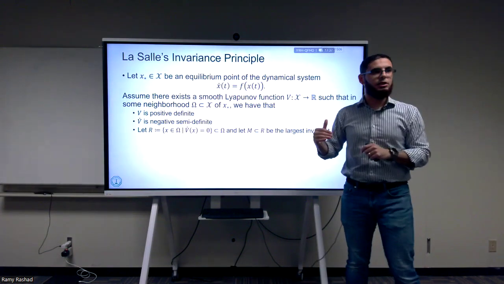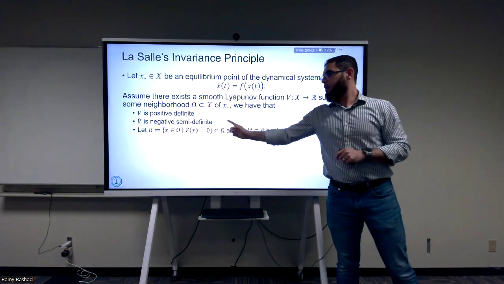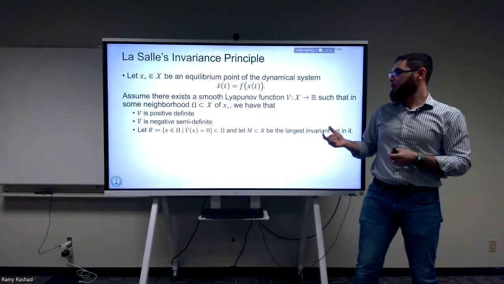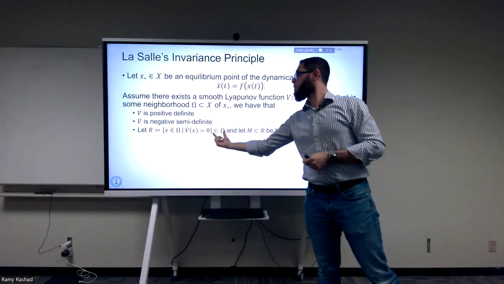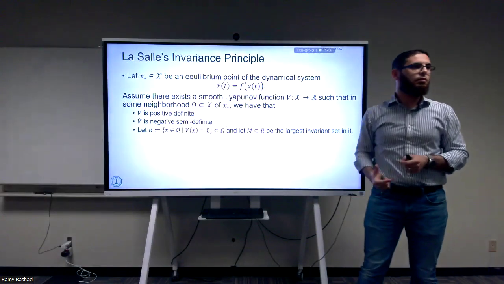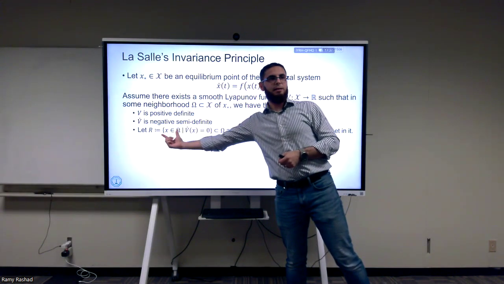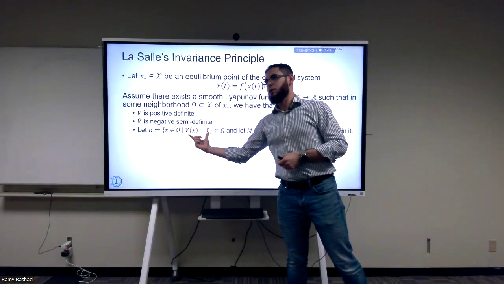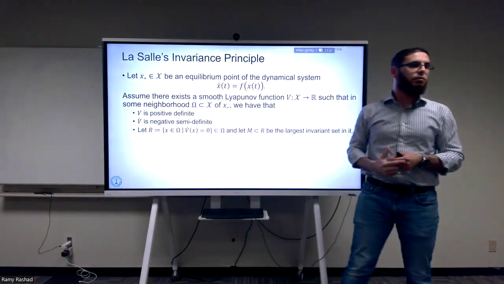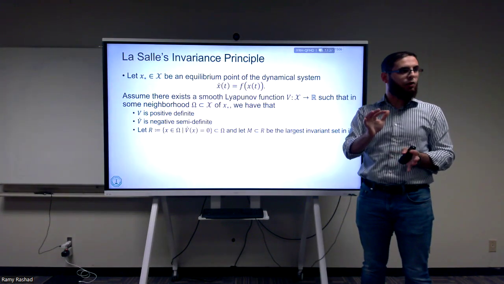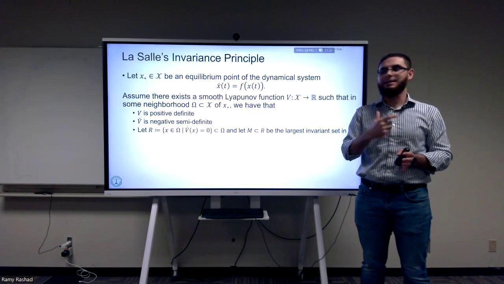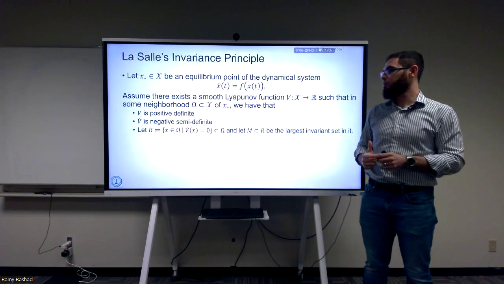The extra conditions are: let R be a subset of this neighborhood. This subset is all of the points X in the state space such that V dot is equal to 0. Exactly equal to 0, not less than or equal to 0, only the points equal to 0.